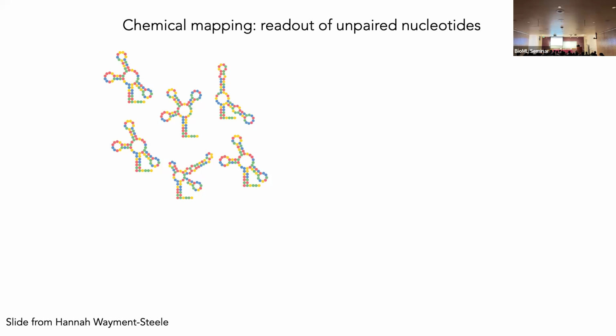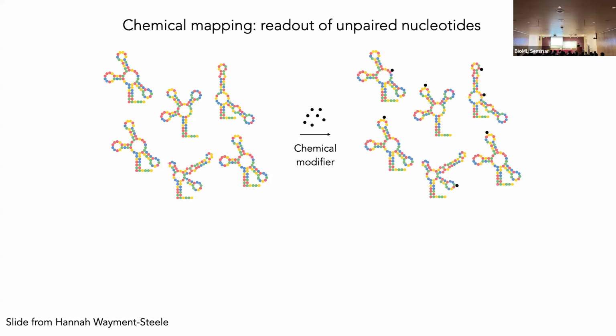Okay, there are chemical probes, some of which were discovered 40 years ago, and some of which have been developed and advanced by my lab and others over the last, let's say, 2 to 5 years. And these chemicals, if you mix them into the test tube or into living cells, will mark the parts of the RNA that are in loops, that are not in structure.